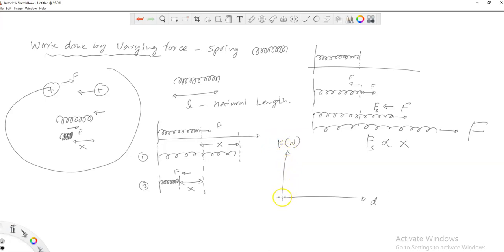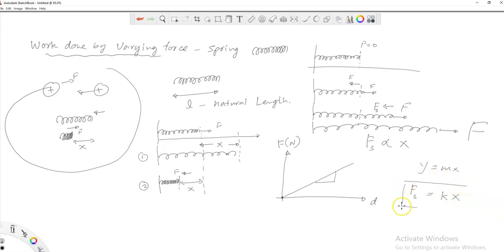If you don't stretch it at all, like right here, no stretching, no force, it starts from 0, and then it increases as a straight line. Force is proportional to the displacement. This slope has a constant slope. Actually you can write a y equals mx type equation, a straight line. The equation becomes Fs equals k times distance, displacement.